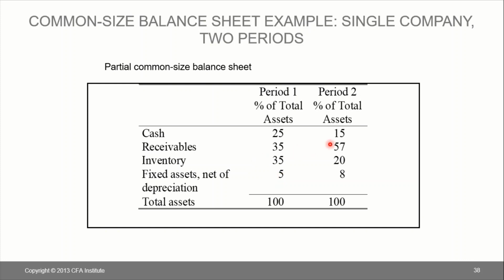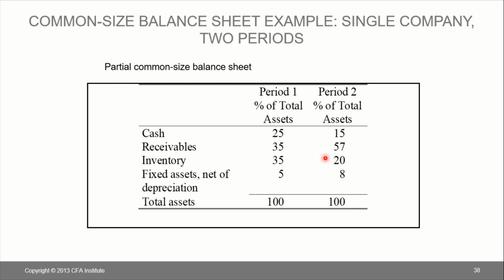Okay? And then for the second period, just by looking at this common size balance sheet, you know that the receivables went to an increase of, there was an increase to 57%. And then in inventory, there was a decrease of 20%.